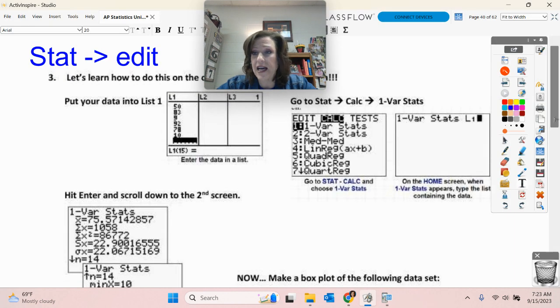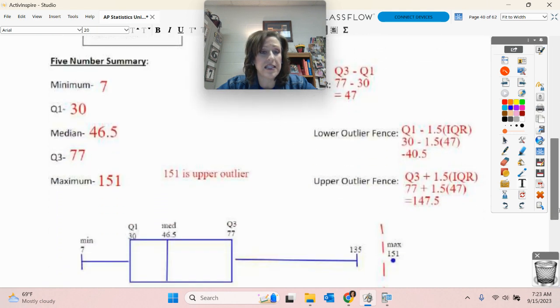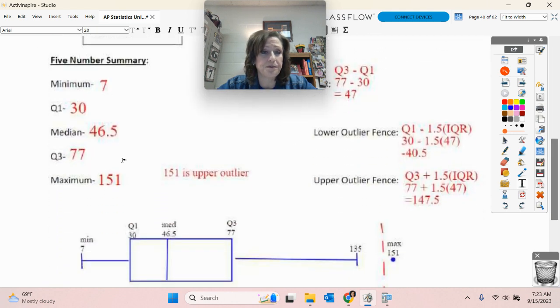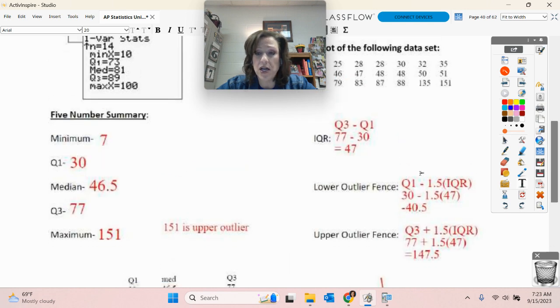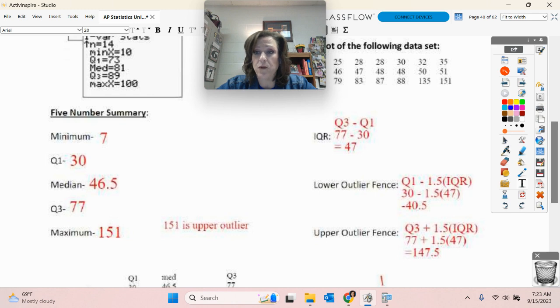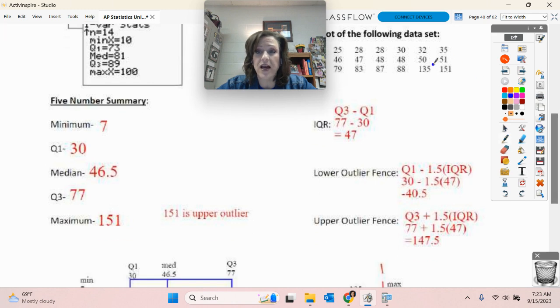So there is how I got these pieces of data here. Then I did my IQR, found my fences, and with a fence at 147.5, I found that 151 is going to be an outlier.